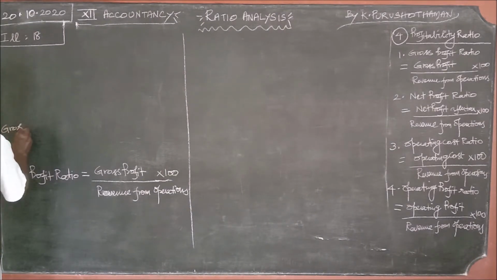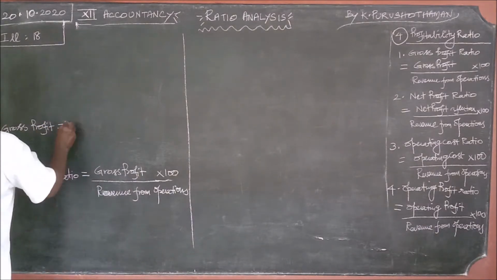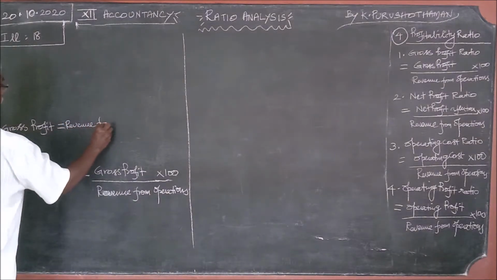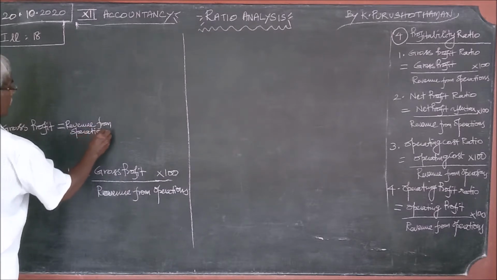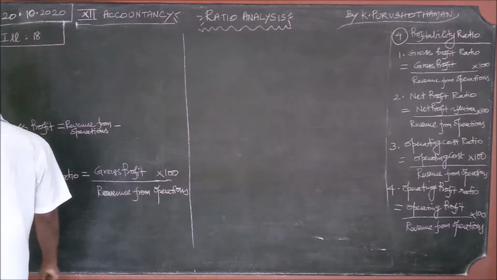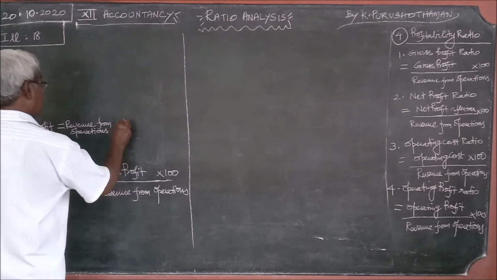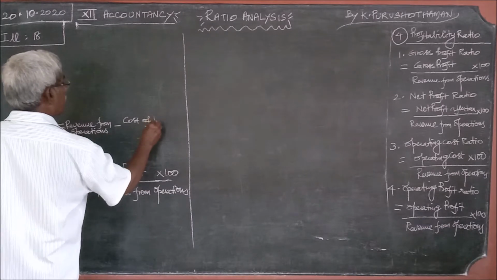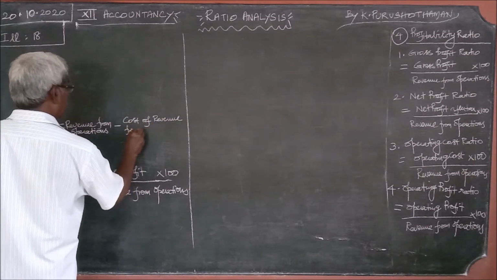What is gross profit? Gross profit is equal to revenue from operations minus cost of revenue from operations.